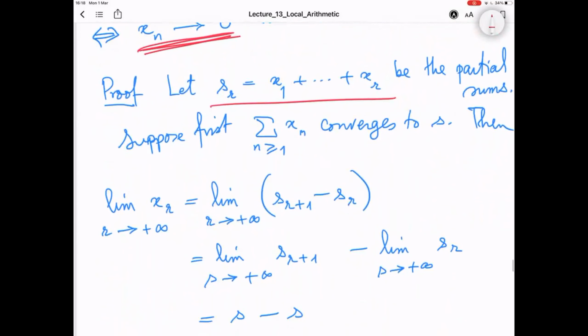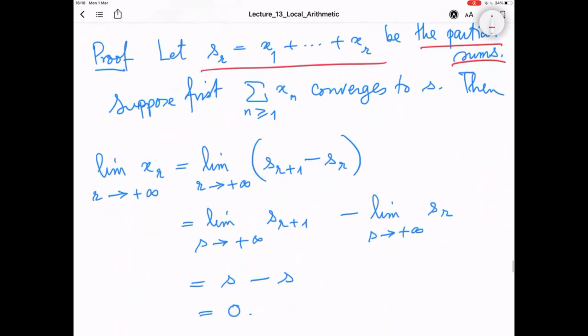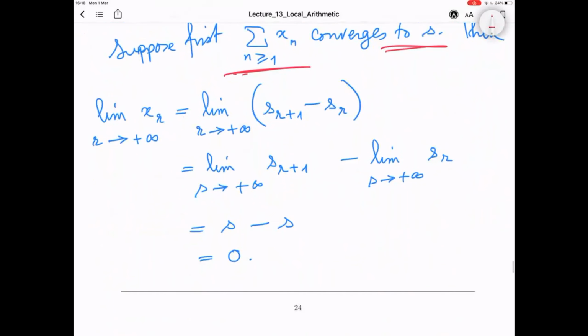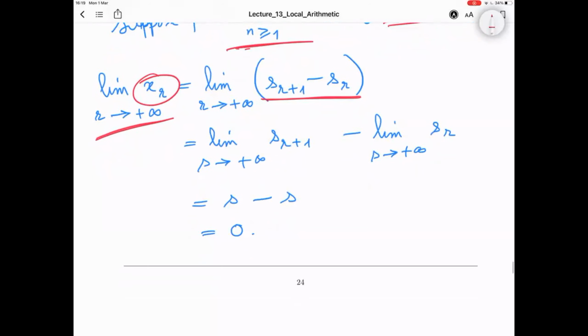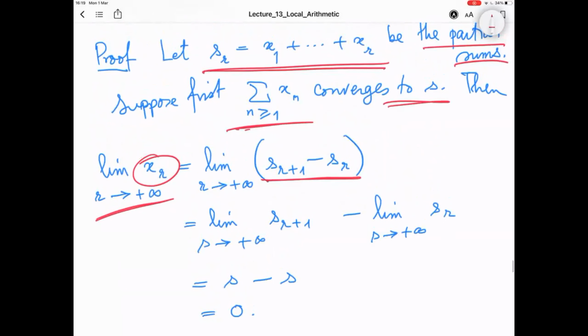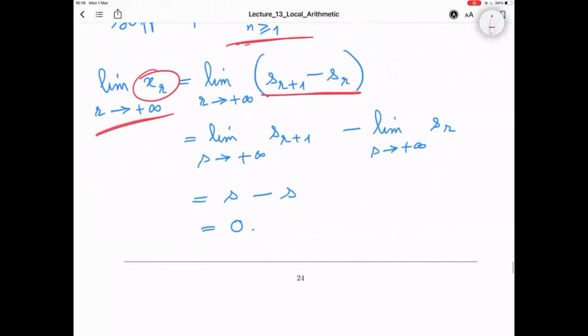Let's call S_r the r-th partial sum, and suppose first that this series converges to some S. Then what is the limit of x_r as r tends to plus infinity? x_r is S_{r+1} minus S_r, because S_r is this partial sum. So the limit of a difference is the difference of the limits.